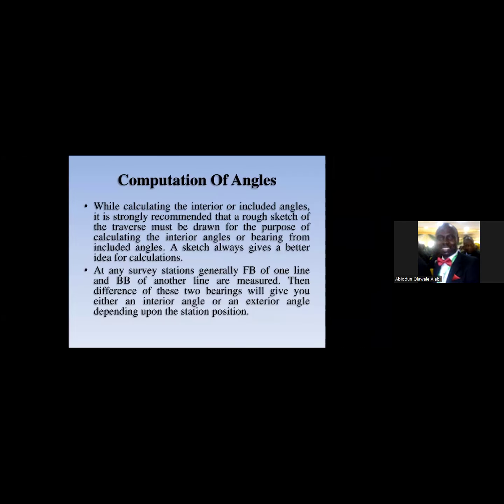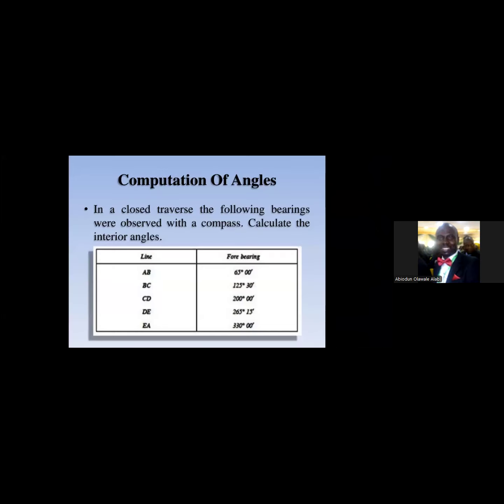So all of this explanation is giving you information on how to obtain angles in a traverse network. Okay, so look at this. In a closed traverse, the following bearings were observed with a compass. Calculate the interior angles.